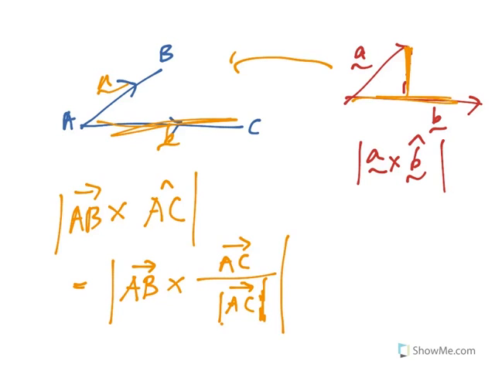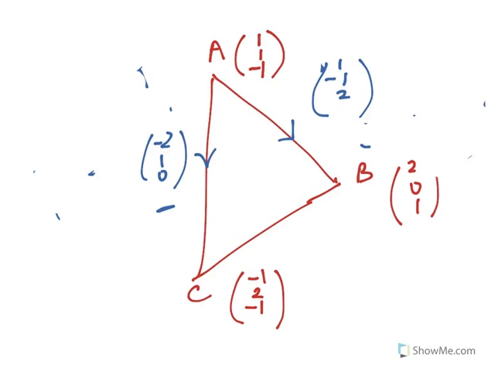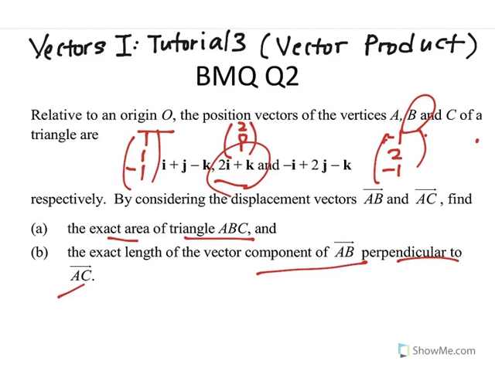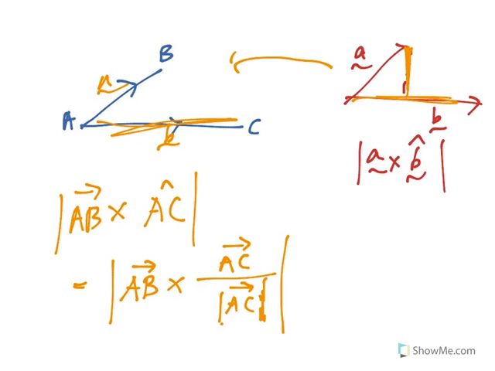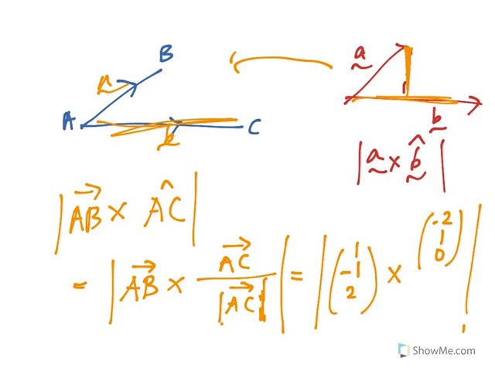Now we are finding the modulus of this again. AC, as we have found earlier, is negative 2, 1, 0. So this equals AB, which is 1, negative 1, 2, and AC over here is negative 2, 1, 0. The magnitude of AC I'll leave you to find.